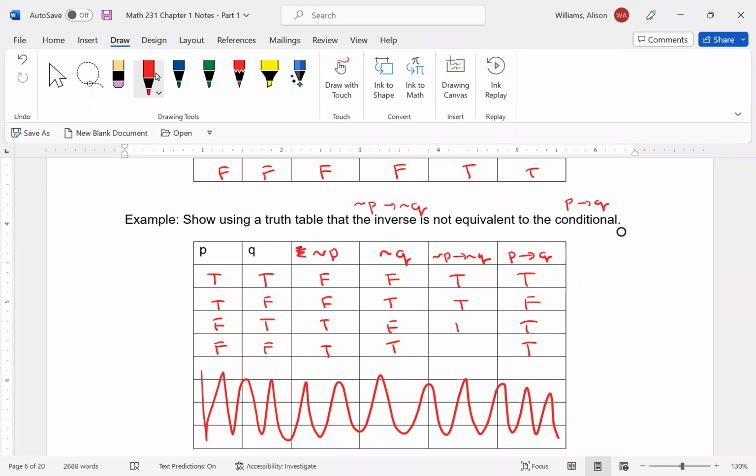True implying false, nope. And true implying true, that's fine. Okay, so I'm looking at the last two columns and they do not match. That means that they're not equivalent, which is what they asked us to show. So we did it. Yay, we're amazing.